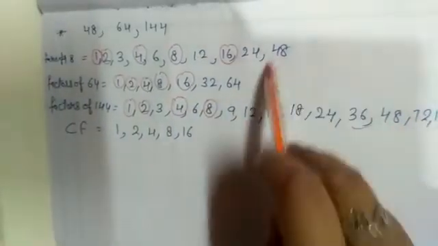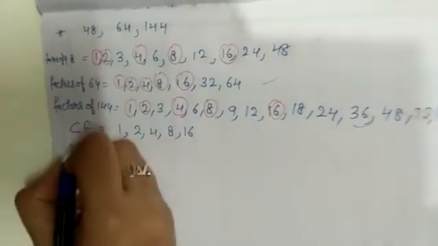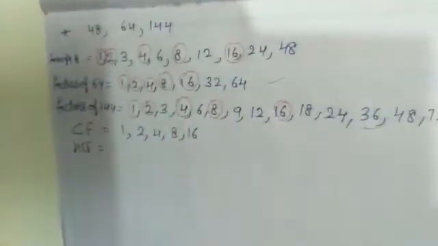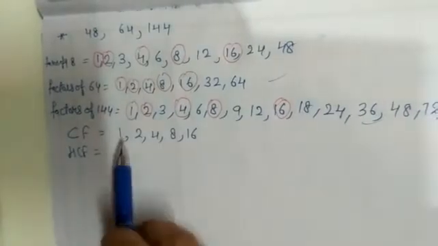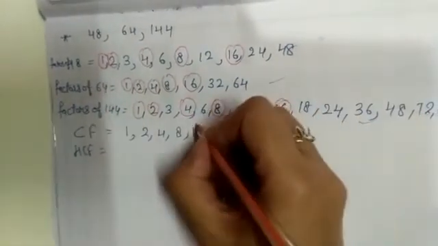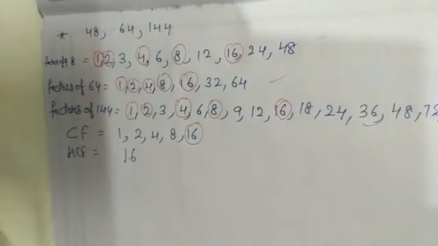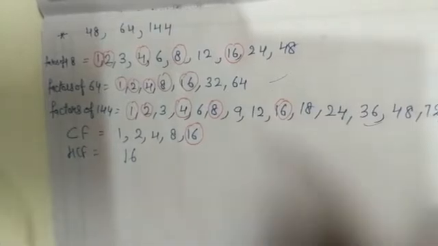No. So these are the common factors. Now for the HCF, we have to see the greatest number, and the greatest number is 16. So your HCF is 16. Like this, you can do all the questions in which they ask you to find the HCF using the listing the common factors method, right?